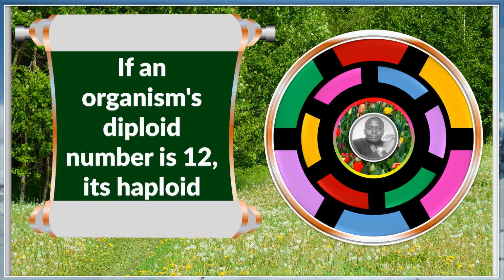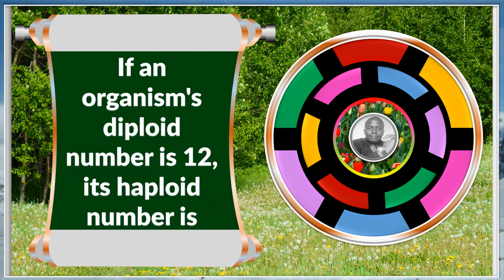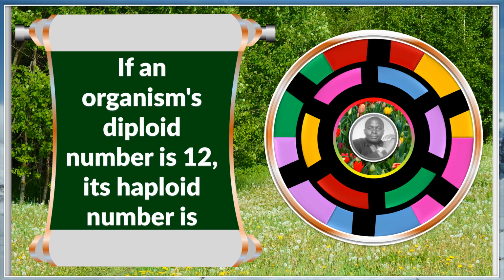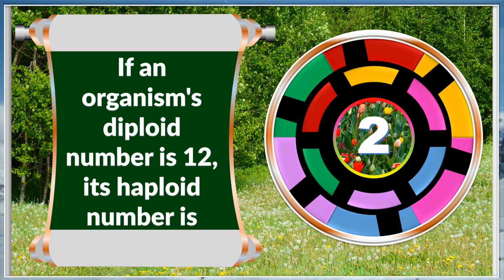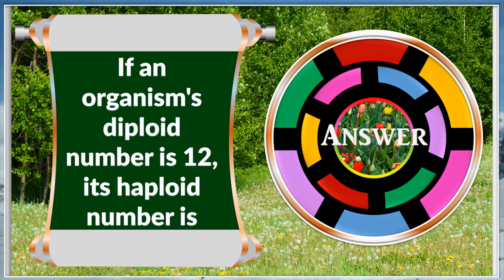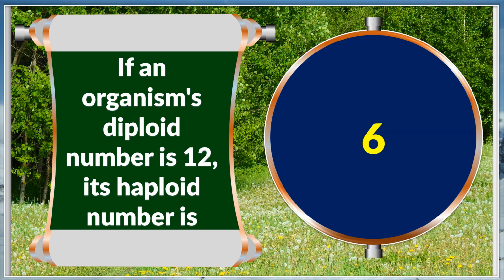If an organism's diploid number is 12, its haploid number is 6.